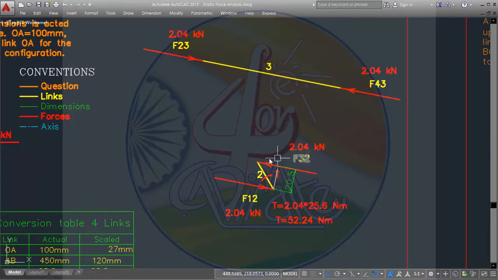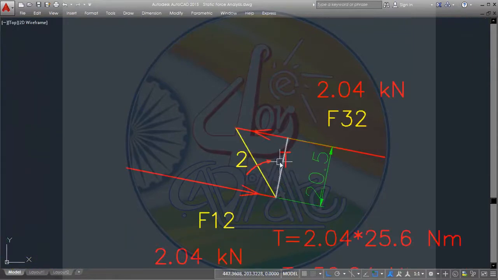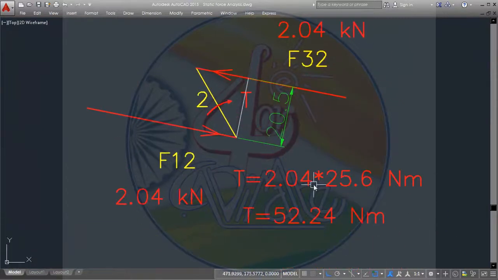To balance we need another force in opposite direction. But even after putting that, it will not be balanced. It will result in rotating effect. To counterbalance it, we need another torque. So torque we have to put in opposite direction, and its value will be force into perpendicular distance. So that will give us torque. Clear?